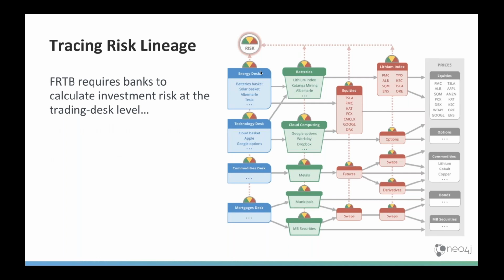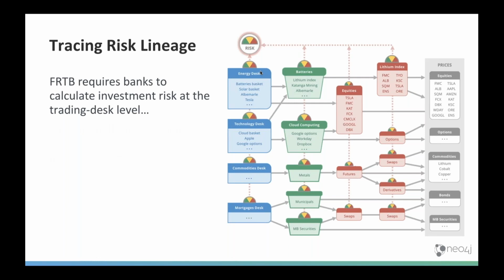And so you have essentially a lineage from a trading desk to a basket to another basket, and so on, until you actually reach a priceable entity or instrument like equity or option and so forth. And this entire lineage, which is pretty complex, needs to be maintained.